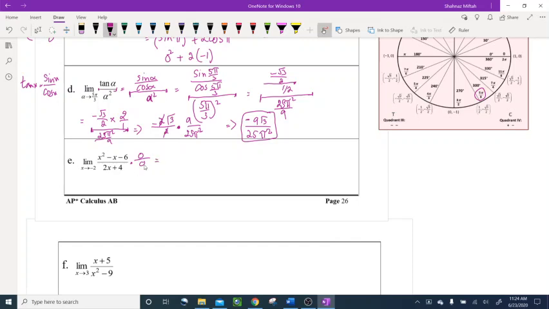And this is how you're going to do it on the AP test if it's a free-response question. So I plugged in, I got 0 over 0, now I need more work, so factor this. It's going to be x plus 2 and x minus 3 over 2x plus 2. Just pay attention, and if you don't know how to factor, then please comment below, and I will upload in the AP Calculus AB playlist how to factor, okay?